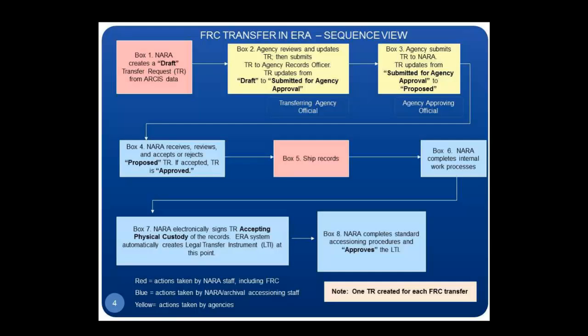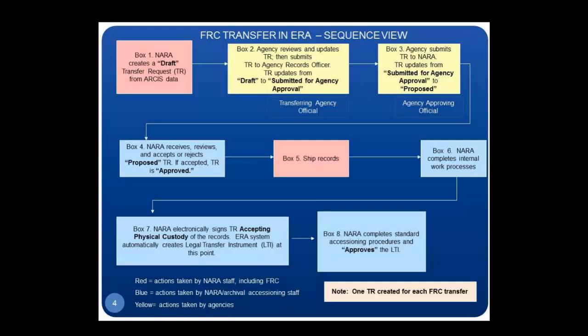First thing that happens in the red boxes, NARA creates a draft TR from ARCUS data and other ERA data in ERA for you. That piece we do on your behalf. Second and third steps belong to you and the agencies. You need to review and update the TR, then the transferring agency official, which is a basic role in transfer in ERA, submits that particular transfer request that's currently in a draft status to the agency approving official.